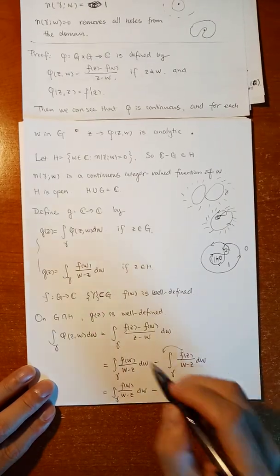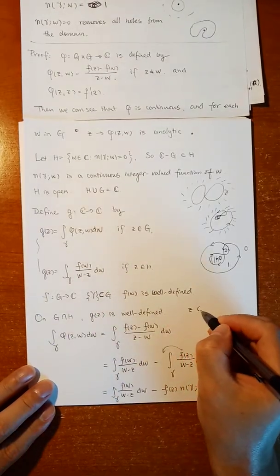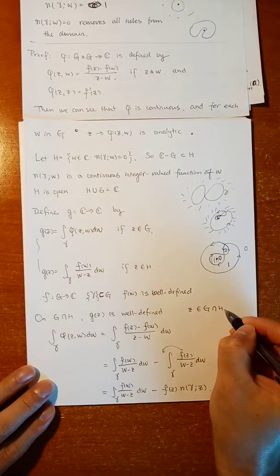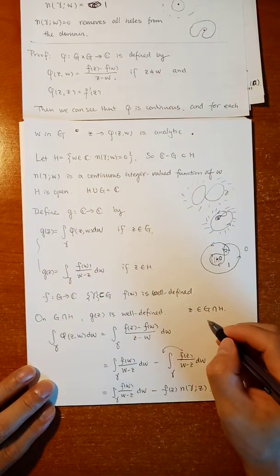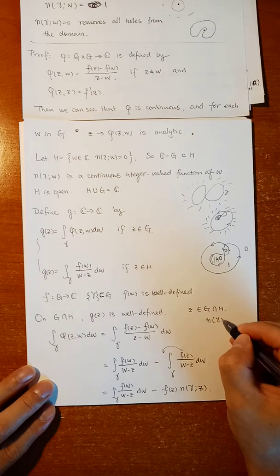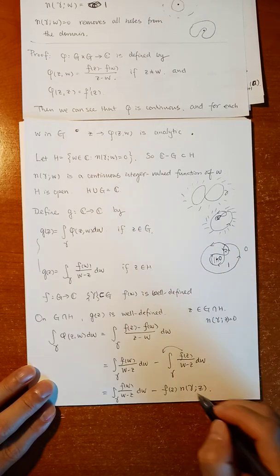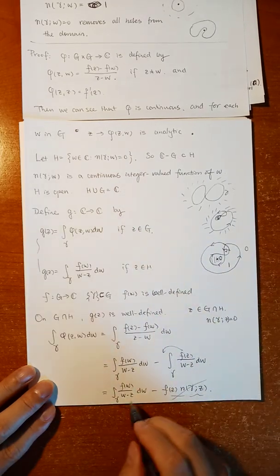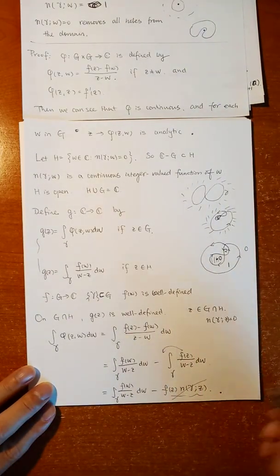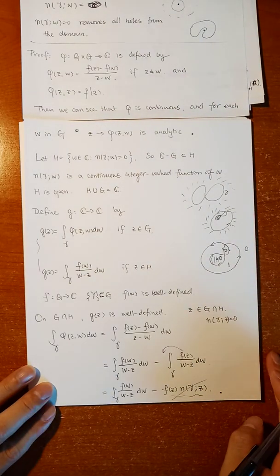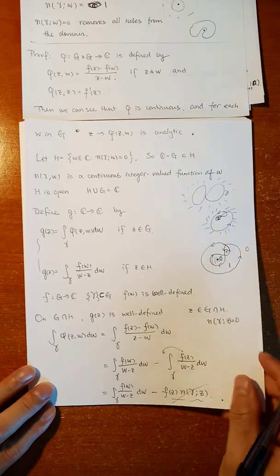And here, remember, this z belongs to G intersect H, so it is inside H. So the winding number is 0. So this term vanishes. So you still have that first one. Okay, so g is well defined.